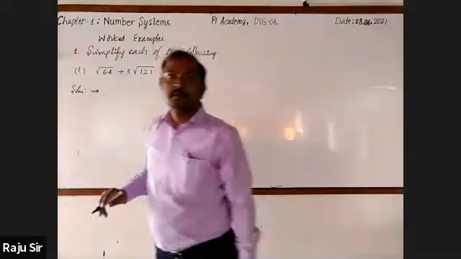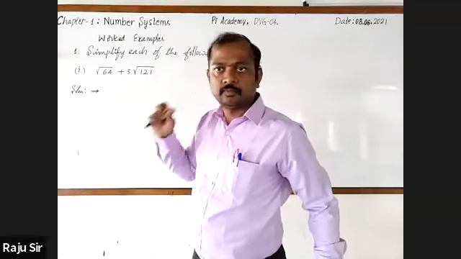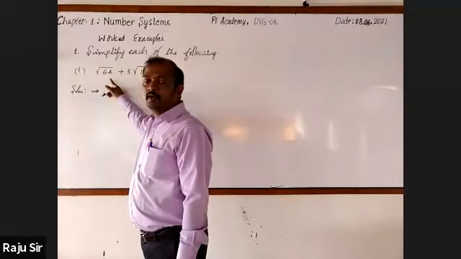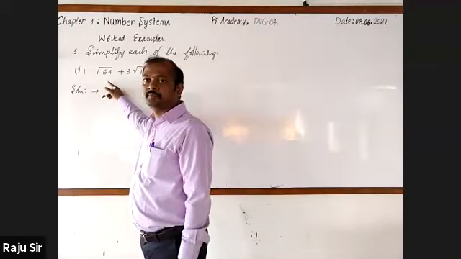Abhinandan? Yes, sir. Could you tell the value? 41. Very good. How did you get it? Sir, square root of 64 is 8, square root of 121 is 11. 11 3s are 33. 33 plus 8, 41.